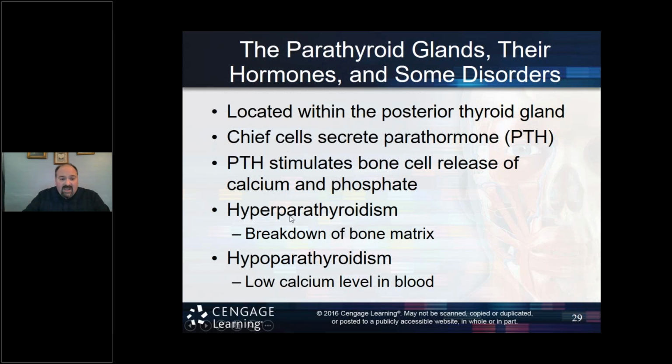If we have hyperparathyroidism, there's an increased breakdown of the bone matrix. This can lead to bone that is not dense whatsoever, where the density is diminished, as in other issues where I'm sorry, you know how you're talking and you just forget a word, it'll come back to me in a moment.